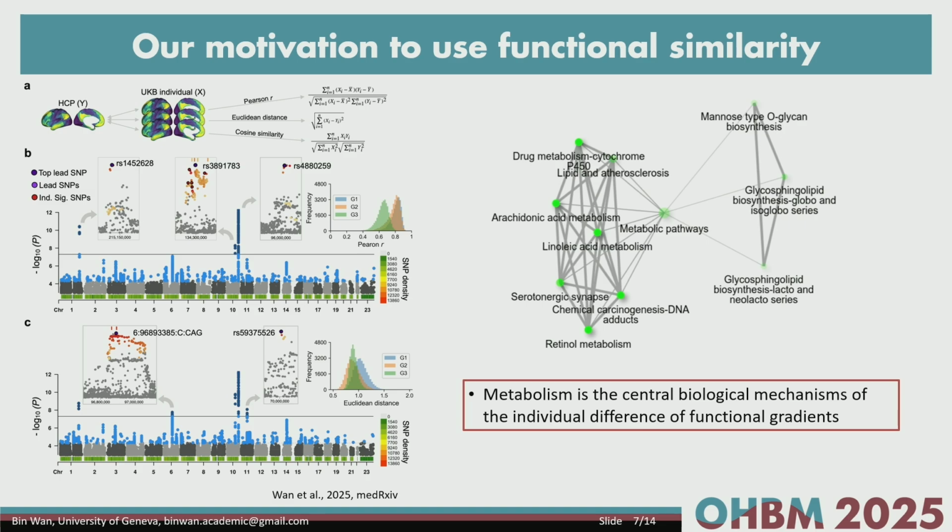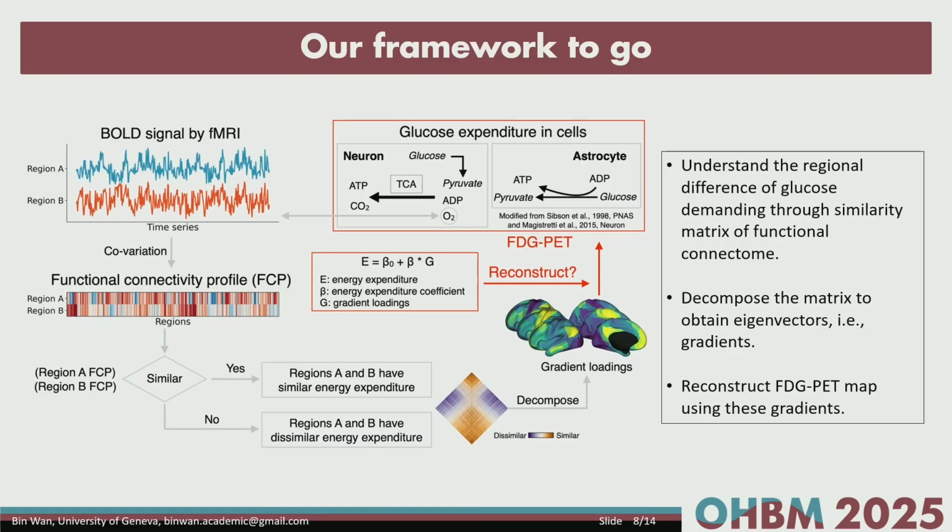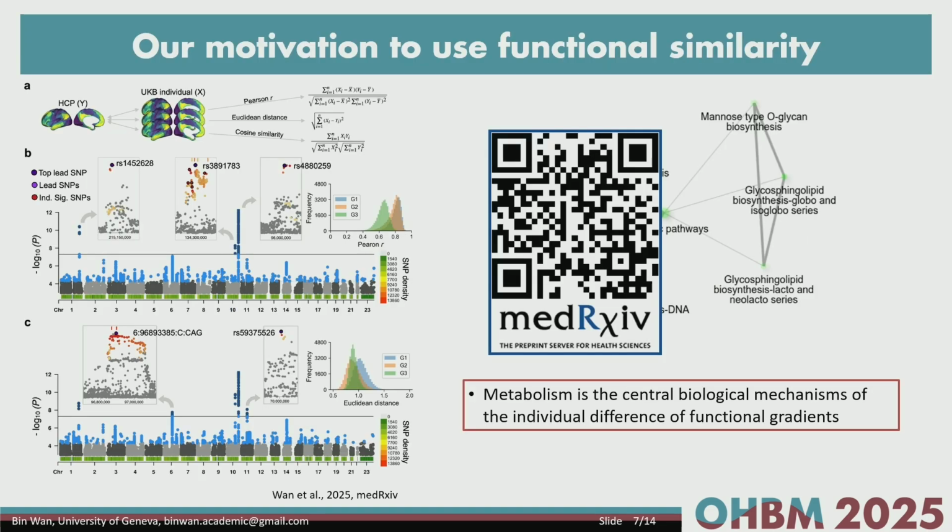When we expand these pathways, we find the glucose-related and lipids-related pathways are really important for the shaping of the functional gradients, for biological reasons. And we want to study how the functional gradients can reconstruct the FDG PET map. Here is a QR code if you want to know more about this preprint.